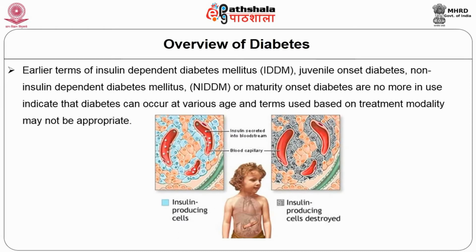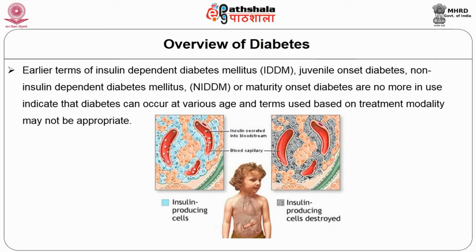Earlier terms were insulin dependent diabetes mellitus, IDDM, or still earlier juvenile diabetes, and non-insulin dependent diabetes mellitus, NIDDM, or maturity onset diabetes, which are no more in use.